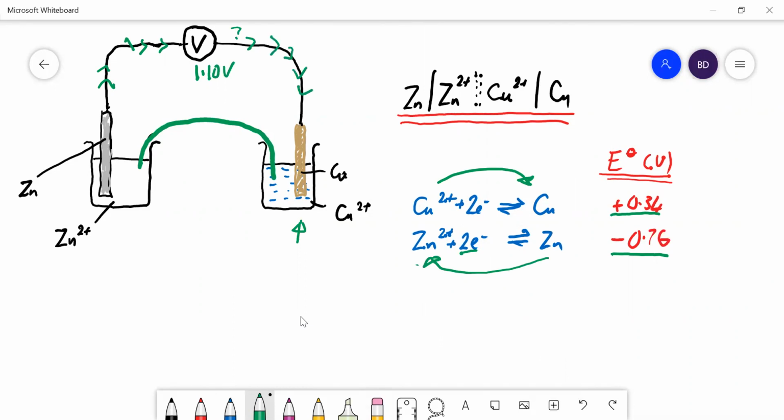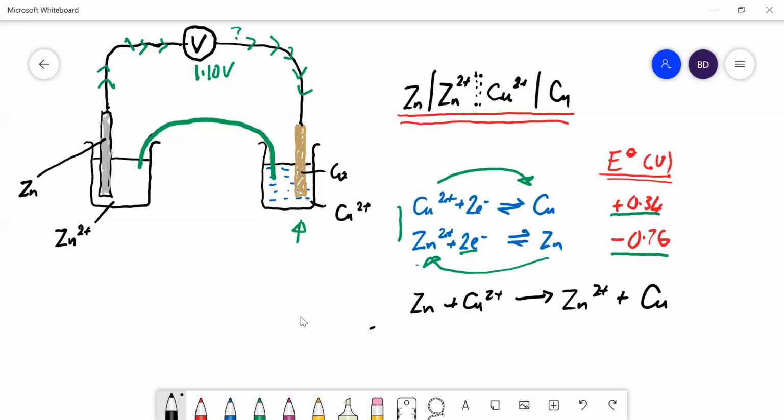So we've got these two half equations here, and we can see which one's going forwards and which one's going backwards. So we can write a balanced equation: Zn plus Cu2+ goes to Zn2+ and Cu.